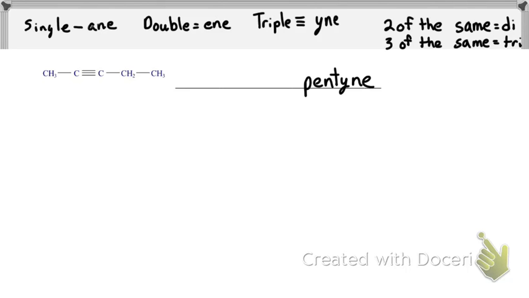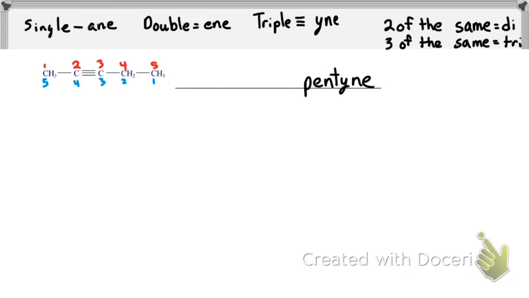So we can number this just like we would if it were a branch. We could call this carbon 1, this carbon 2, this carbon 3, this carbon 4, and this carbon 5, or we could number it the other way. And so we could call this carbon 1, this carbon 2, this carbon 3, 4, and 5.